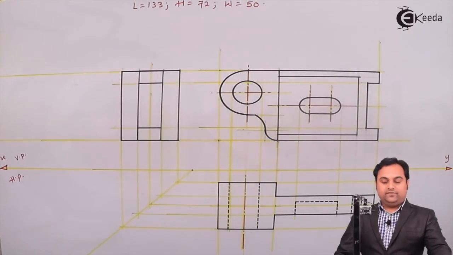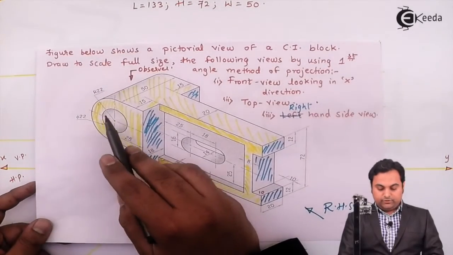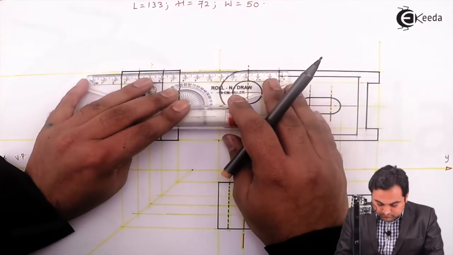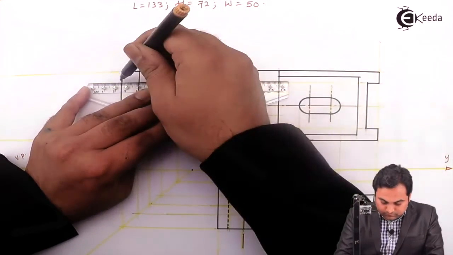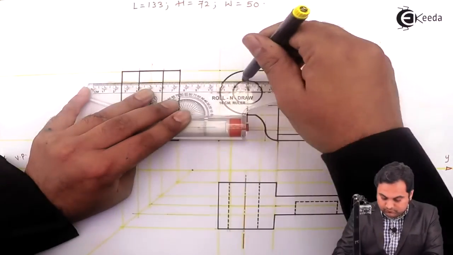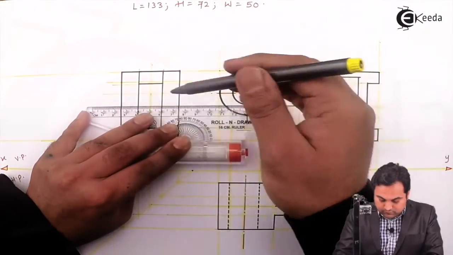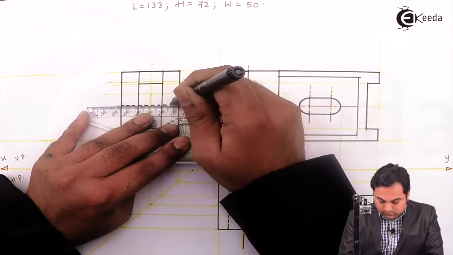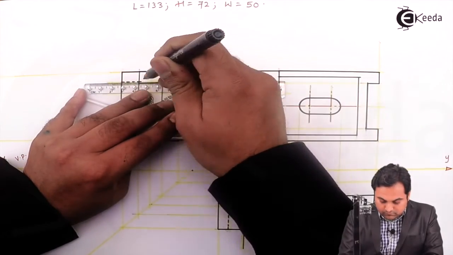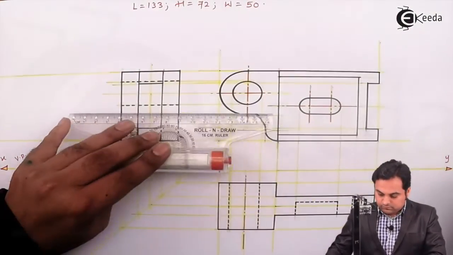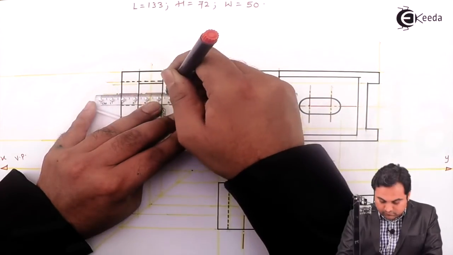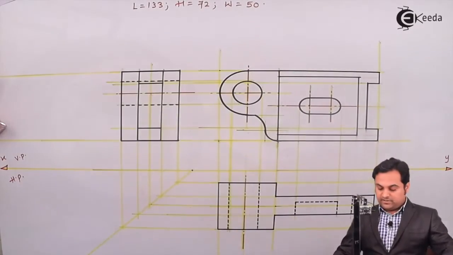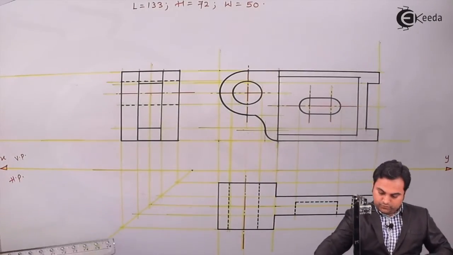Then after this, there is this circle of 22 mm diameter inside this plate. So that will be throughout. After this circle, this groove will also be hidden. I'll get its height from the front view.